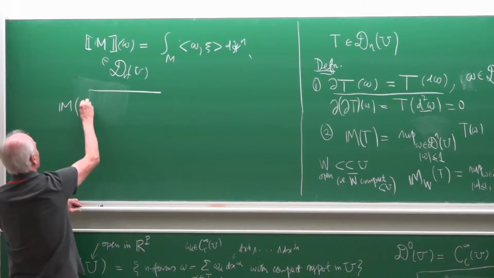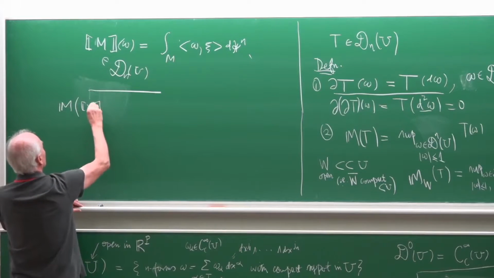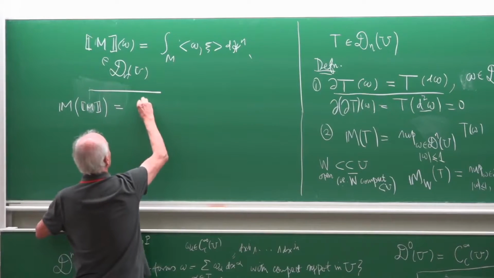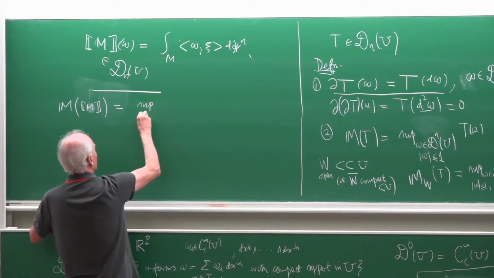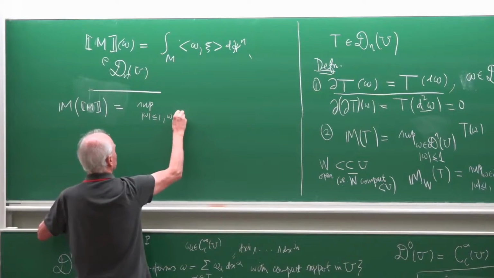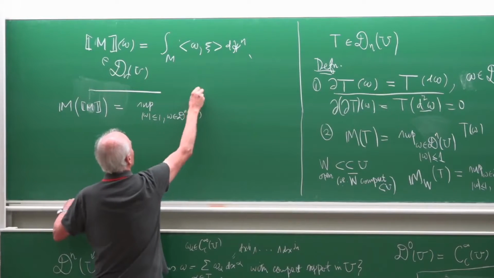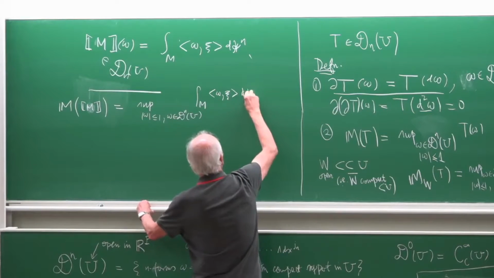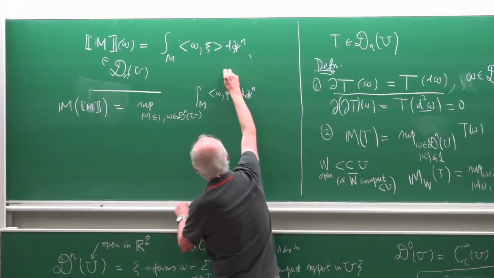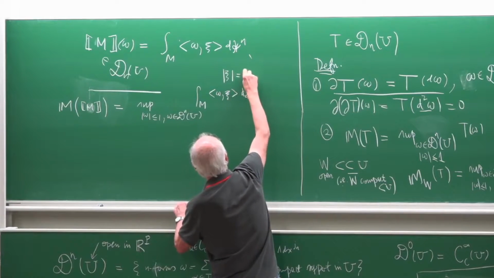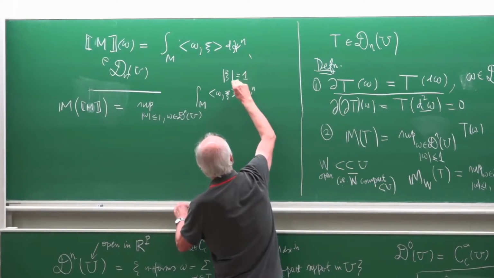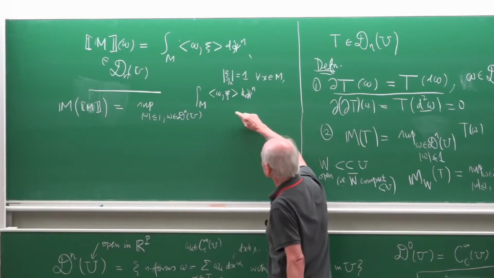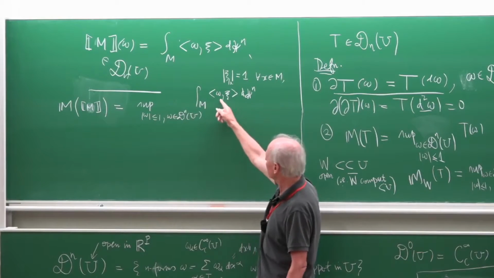The mass of this is by definition the sup over omega in D^n(U) with length less than or equal to 1 of the integral over M of omega paired with xi. And remember, xi is the orientation, so mod xi is equal to 1 for every x in M. So we just have to take the sup over length of omega less than or equal to 1. Well, this is the dual pairing.